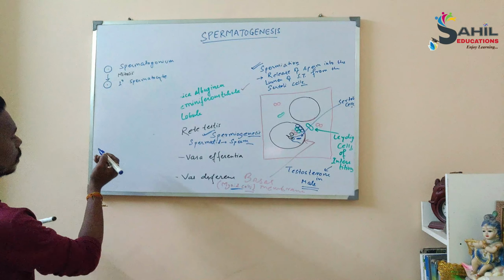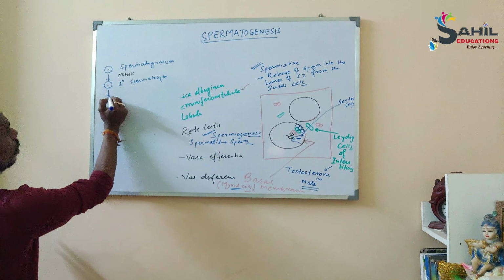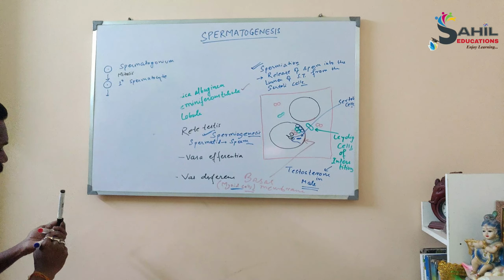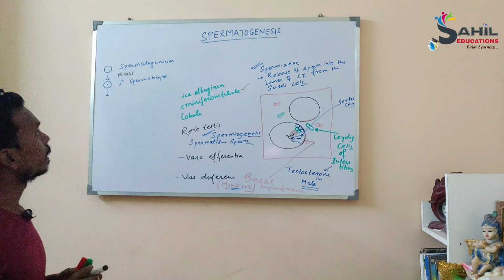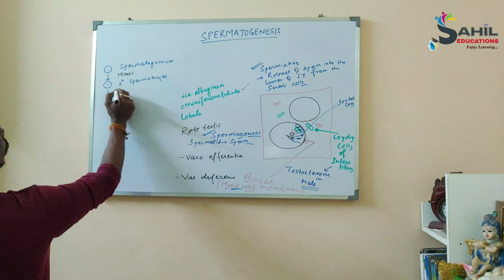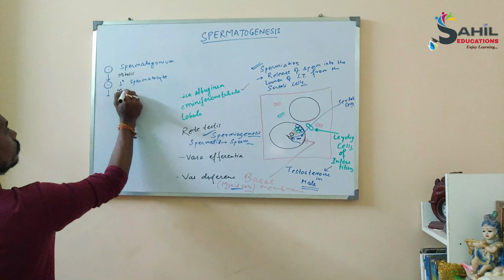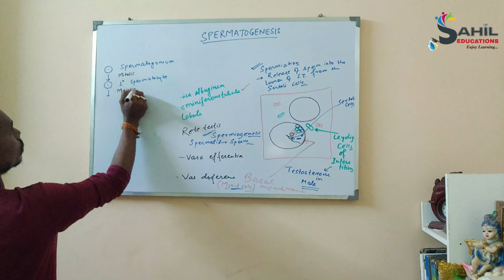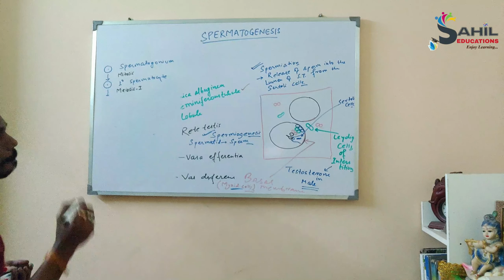Okay, after this the primary spermatocyte will now proceed for the meiotic division. So it is meiosis 1.